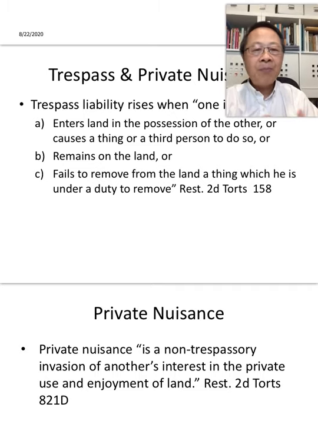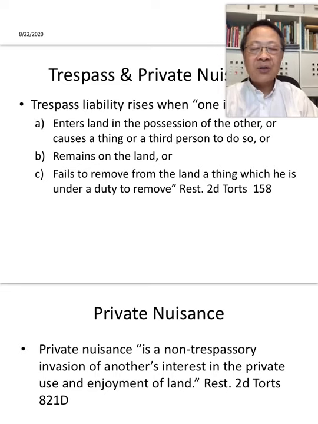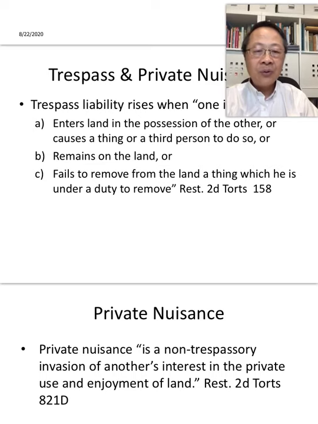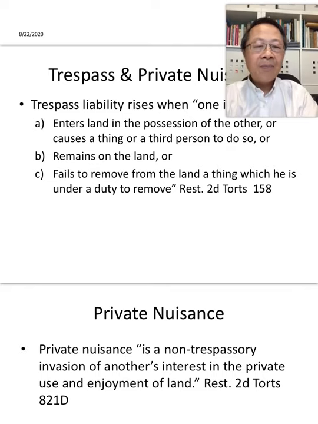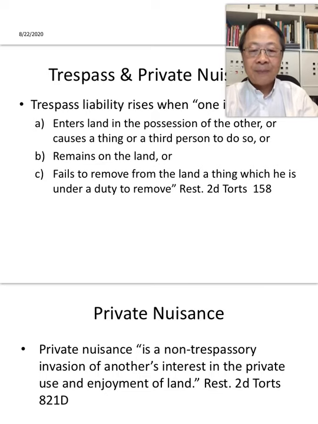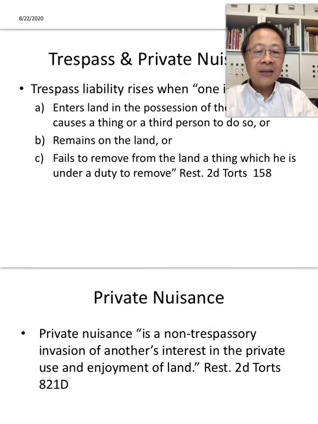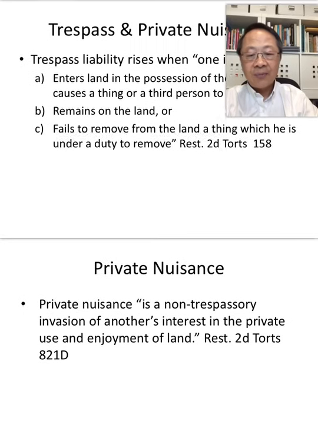So you may deposit an object onto another person's land with their permission, but once they withdraw the permission, which they may be able to do, the continued leaving of that object or the substances there becomes a trespass because the consent has been withdrawn. This is articulated in Section 158 of the Second Restatement of Torts.